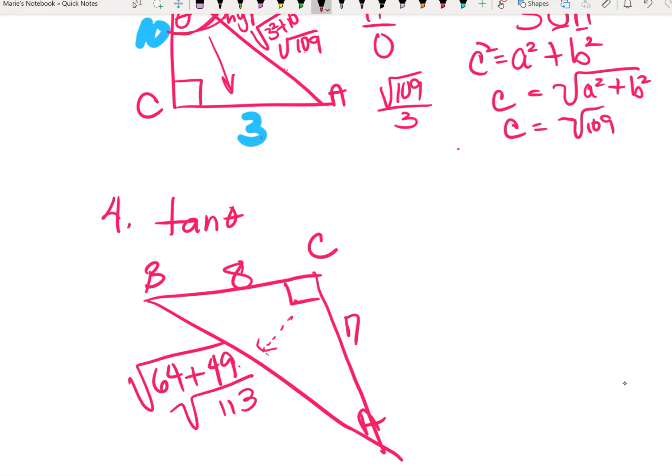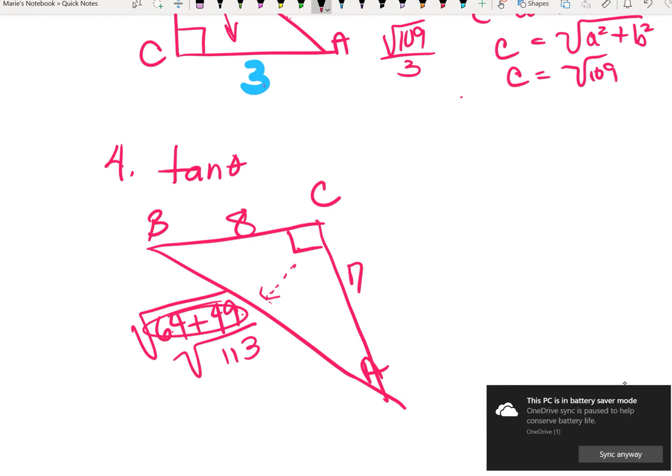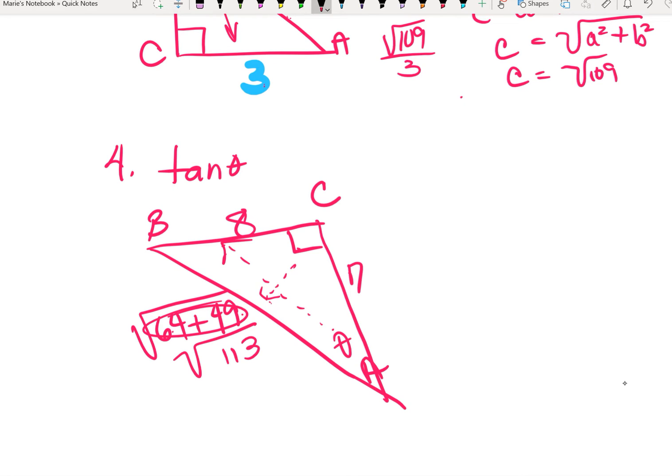All right, and then I'm looking for tan of theta. If my theta is sitting here, this is no different. It's opposite side over adjacent. So in this case, for number 4, the answer should be C. It's simply 8 over 7. All right, answer choice C.